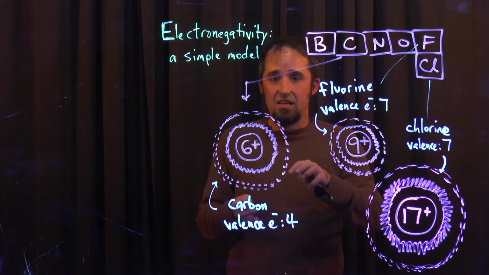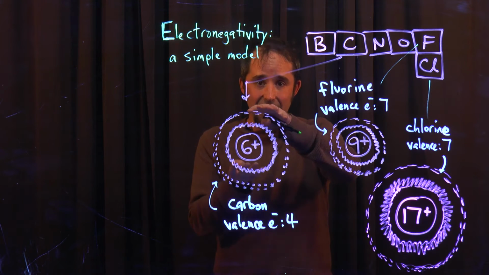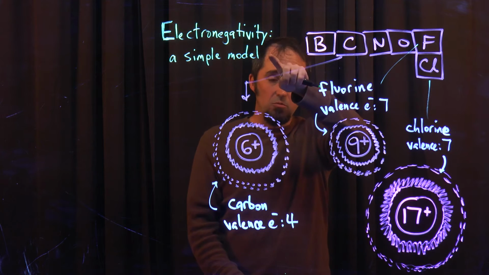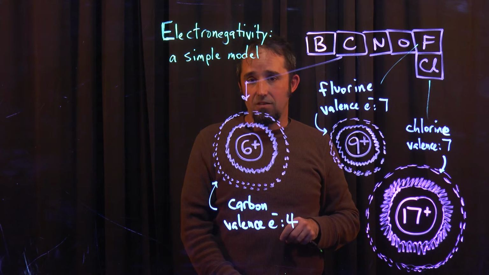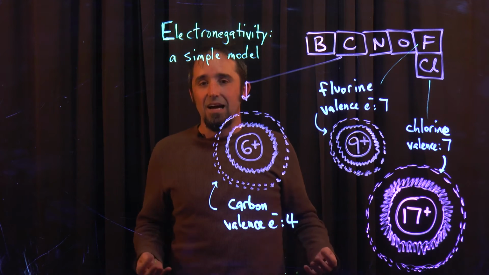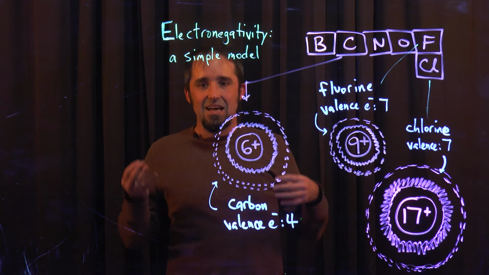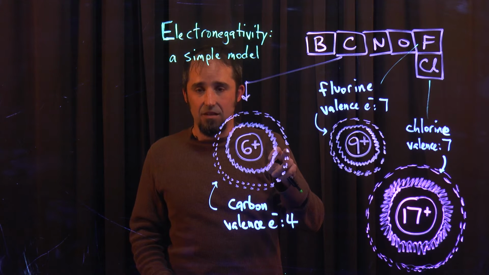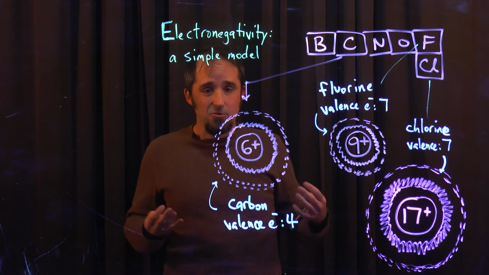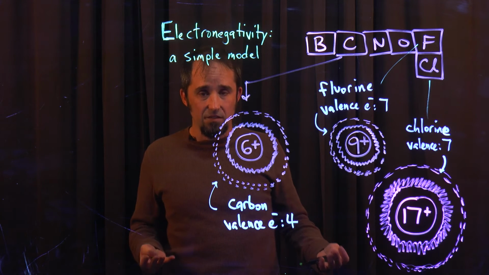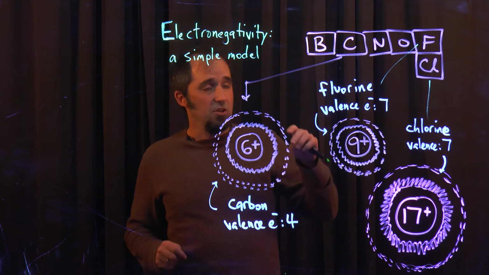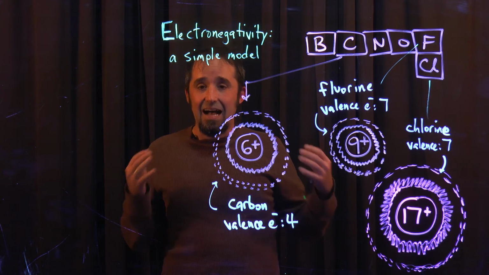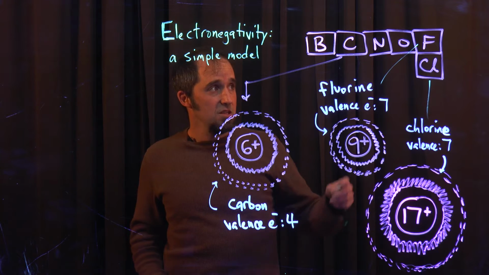So that's why you see atomic radii get smaller as you go from left to right across the periodic table. But again, it's not really radii I think about. It is how hard that nucleus is pulling on those valence electrons, because chemistry comes from those valence electrons. Okay? So when I think of electronegativity, I think in those terms.